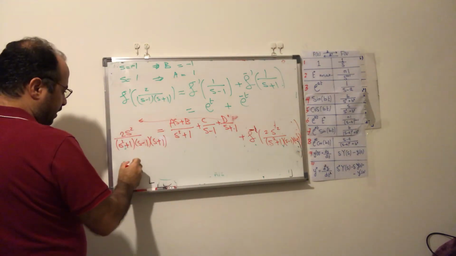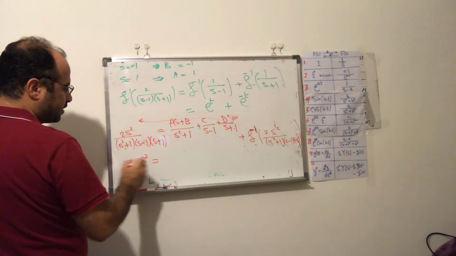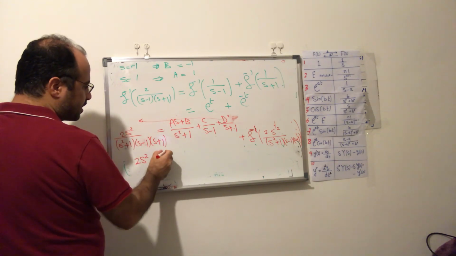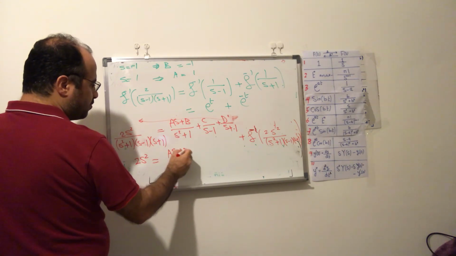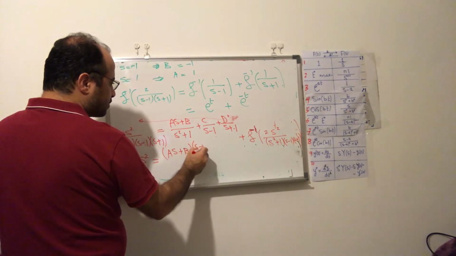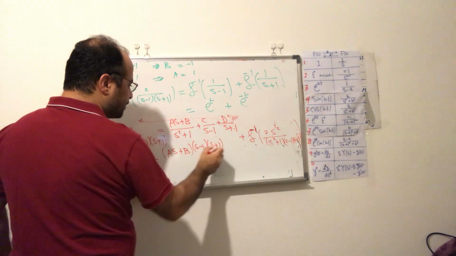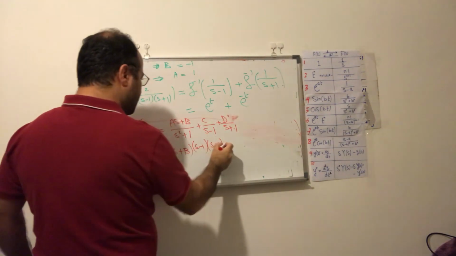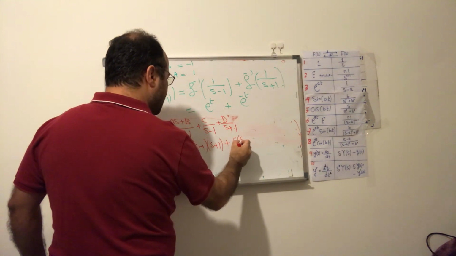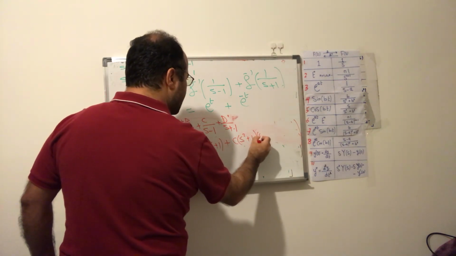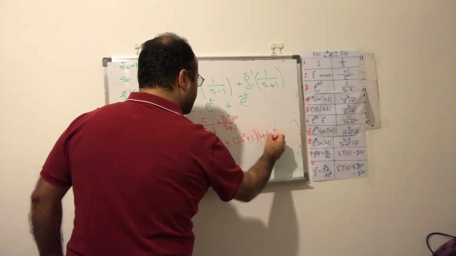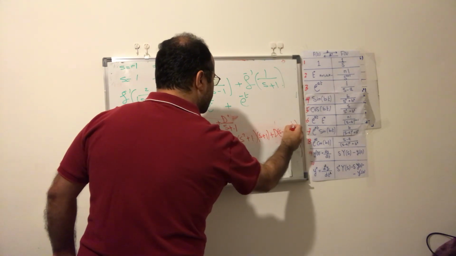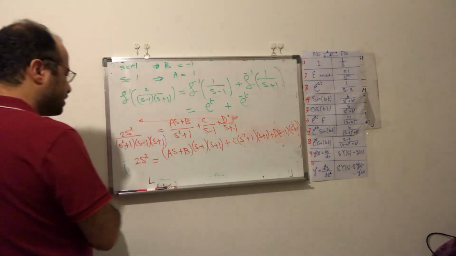And then again, if you want to do things right, 2s squared will equal, you make a common denominator, you will discover that this will be (As plus B) times (s minus 1)(s plus 1), and then plus, we don't need this anymore, right? Plus C(s squared plus 1)(s plus 1) plus D(s minus 1)(s squared plus 1). So here is what we have.